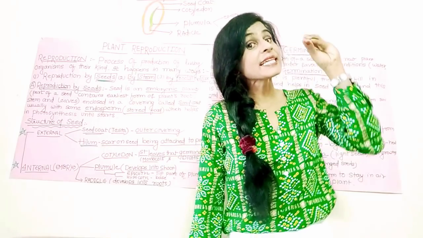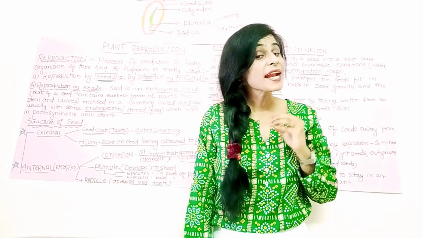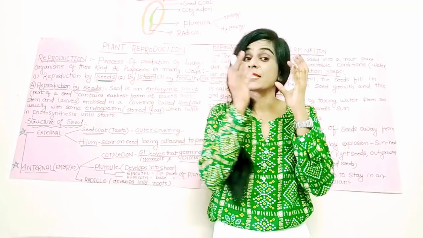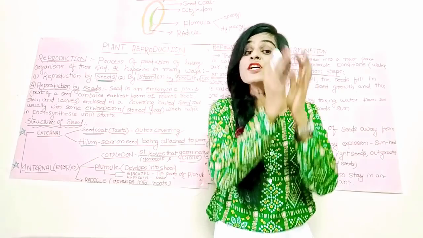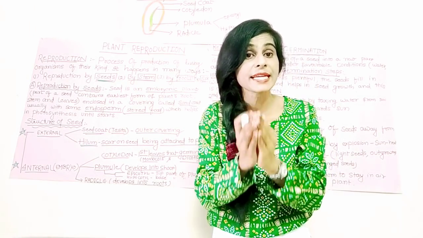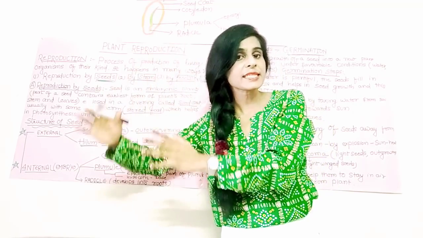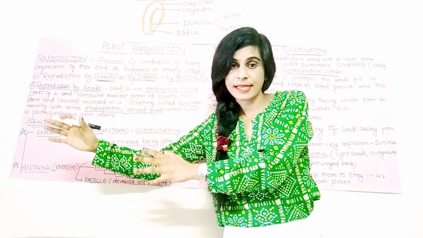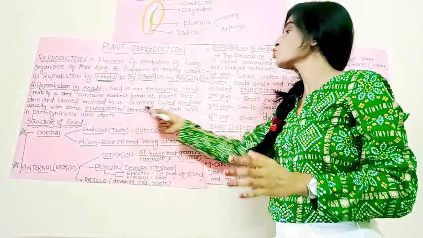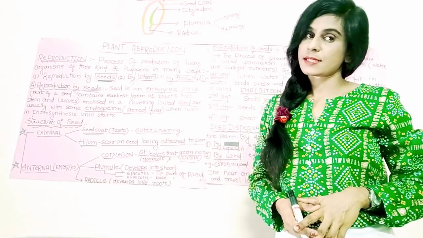And inside the seed, what is present? Endosperm. What is endosperm? It has stored food which helps in the development of the seed into a plant until photosynthesis starts.